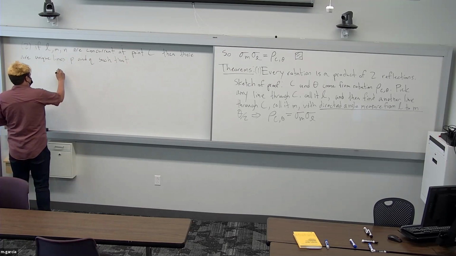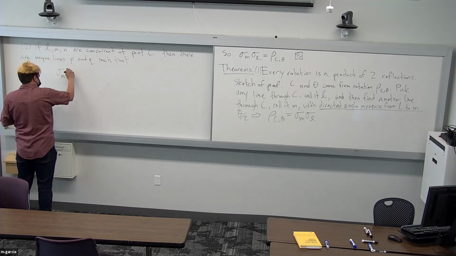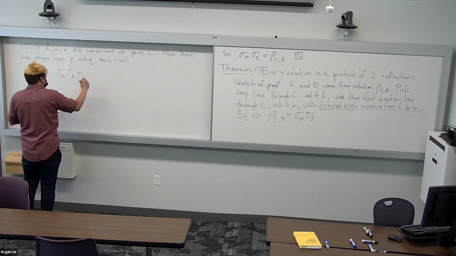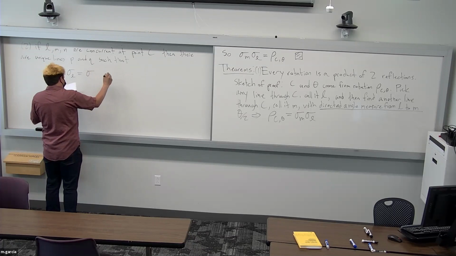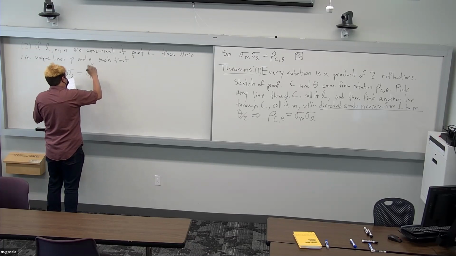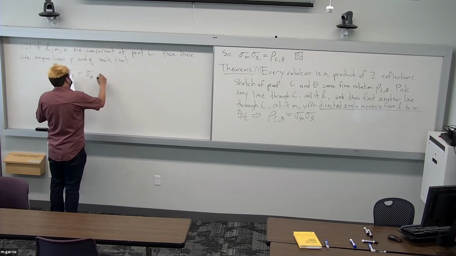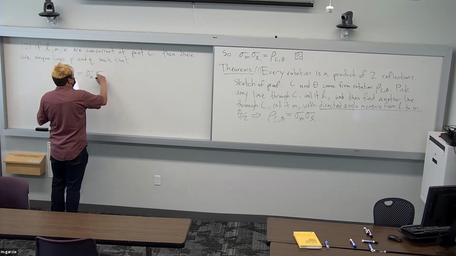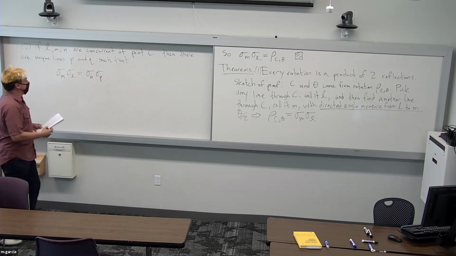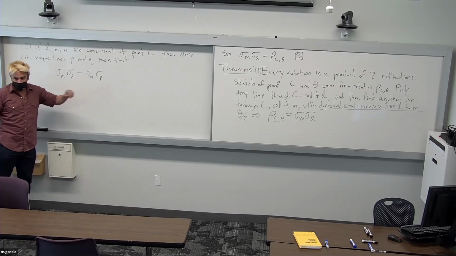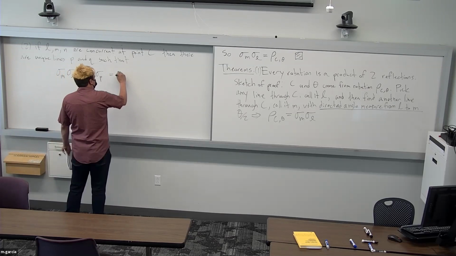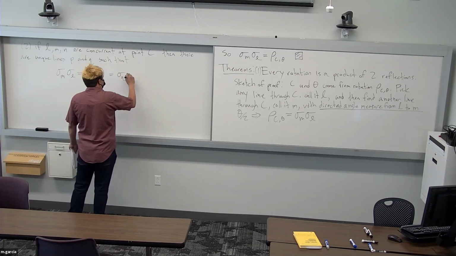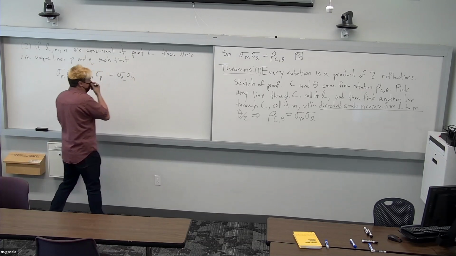If we have sigma M, sigma L, then we can find a unique line P such that this is equal to sigma N sigma P. And a unique line Q such that sigma Q, sigma N is also equal to this.